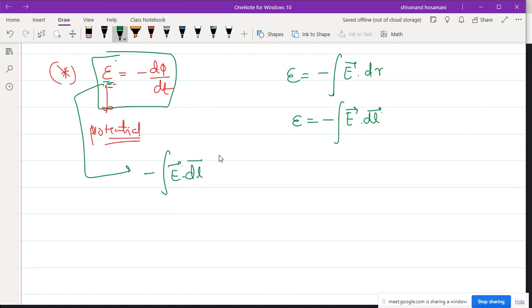Then that is equal to minus d by dt of phi. What is this phi?